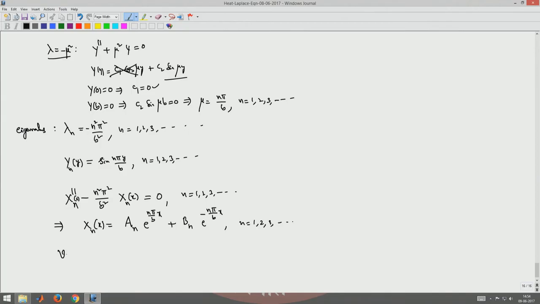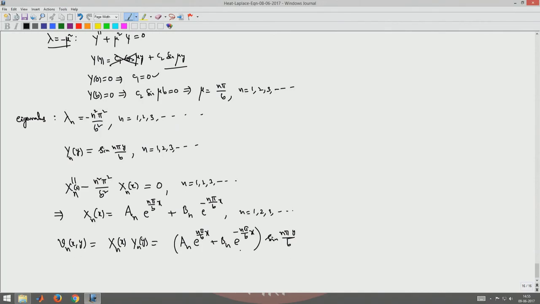So what is your v n of x y, the solution combining, which is the product of, for each n you can multiply xn of x with yn of y. So if you do that, you see that a n e power n pi by b x plus b n e power minus n pi by b x into yn is sin n pi y by b.